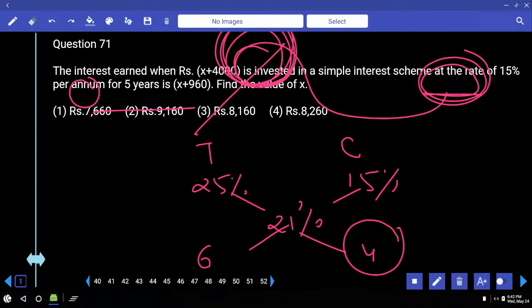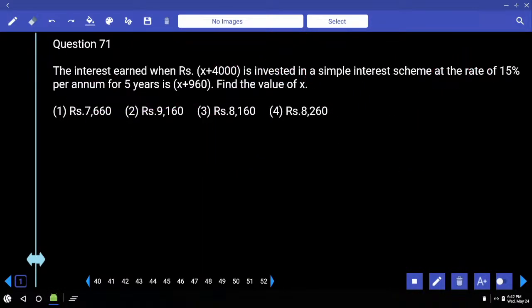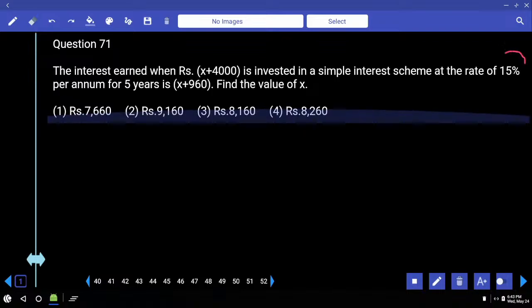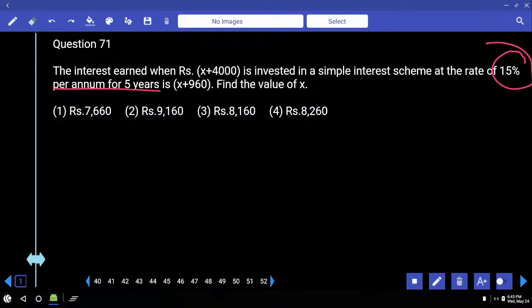The interest earned when x plus 4000 is invested in a simple interest scheme at the rate of 15% per annum for 5 years is x plus 960. Find the value of x. 15% per annum for 5 years means 75%, isn't it? What is 75% of x? That is 3x by 4, isn't it? 75% of x means 3/4 of x. 3/4 of that is 3000, isn't it?